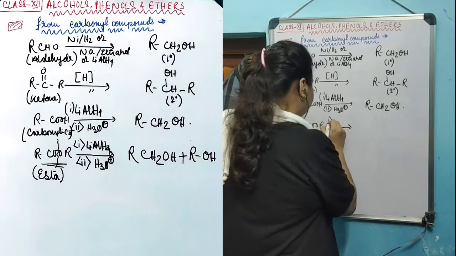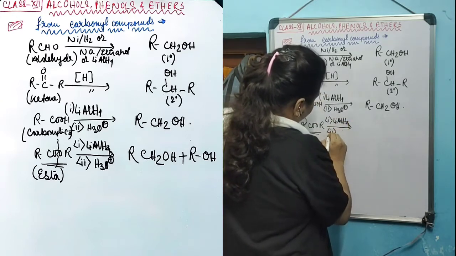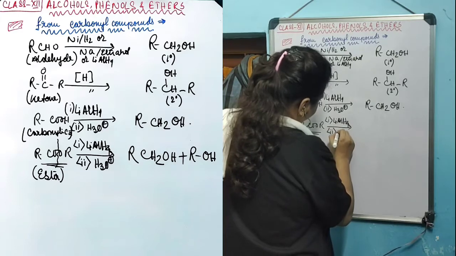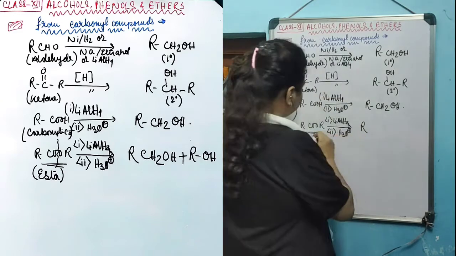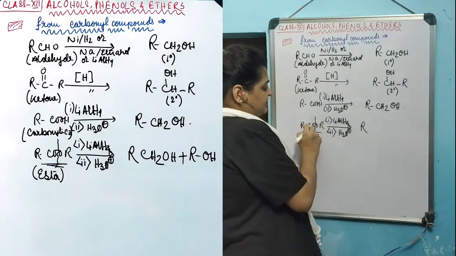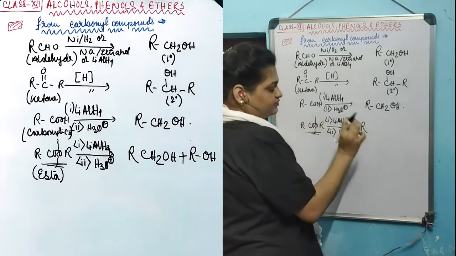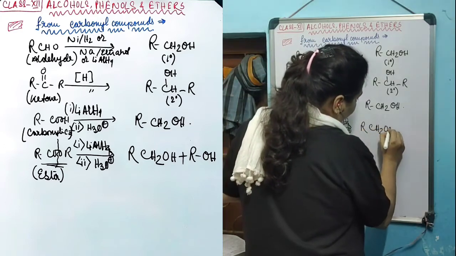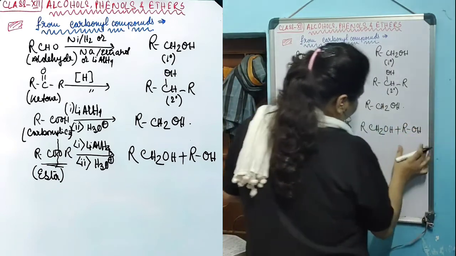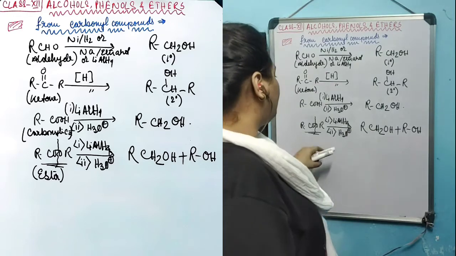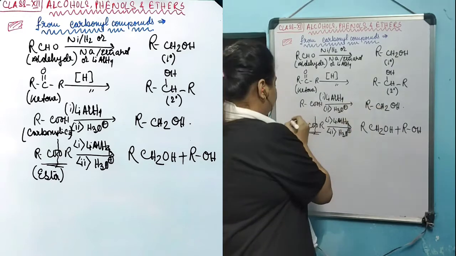When you do the reduction with lithium aluminium hydride and then acidic hydrolysis, this portion gets fragmented. RCO is formed as one fragment and RO as another, which separately form RCH2OH and ROH. So a mixture of alcohols is formed when an ester is subjected to a reduction reaction.